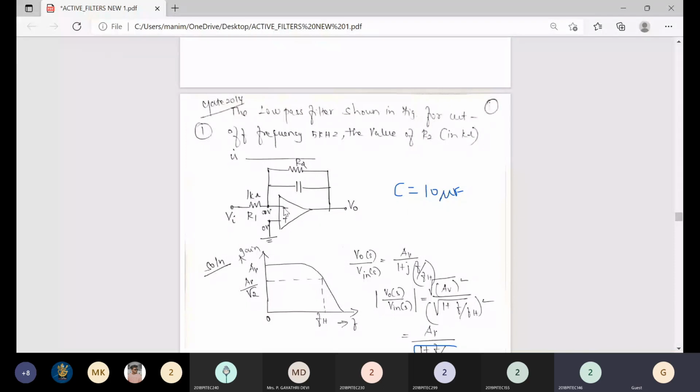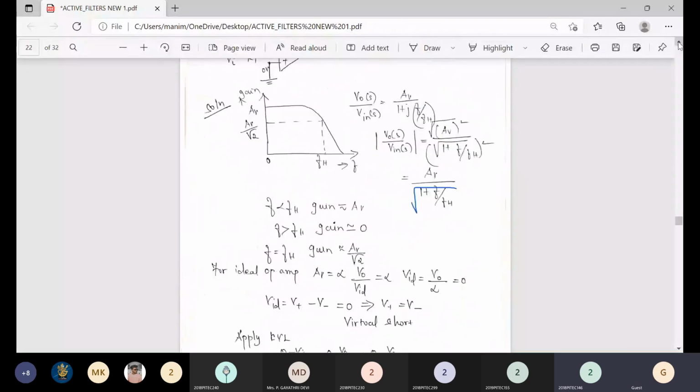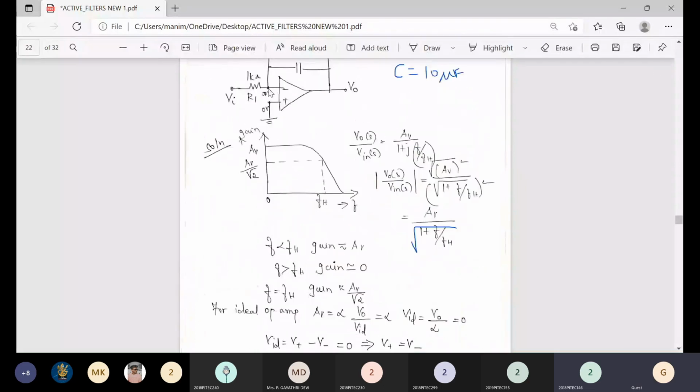Now we apply Kirchhoff's law at this node. This node acts as a terminal as well as ground, that is the virtual ground concept. Now we write the current equation. The current is V by R, and at this node we have zero voltage.